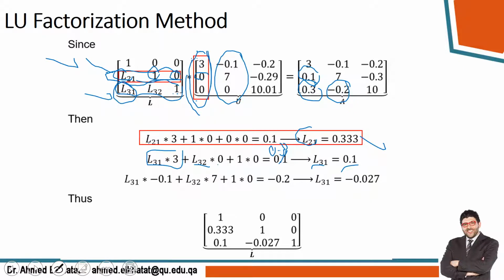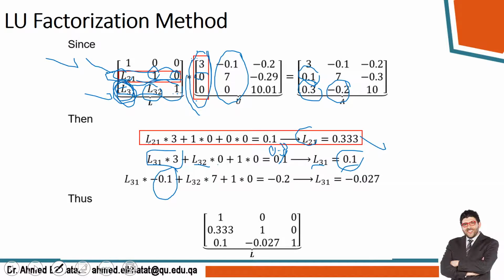So L33 times 3, L33 times minus 0.1 plus L32. We already know the L33 from the previous equation, so we can recall the value from the previous equation to be 0.1.